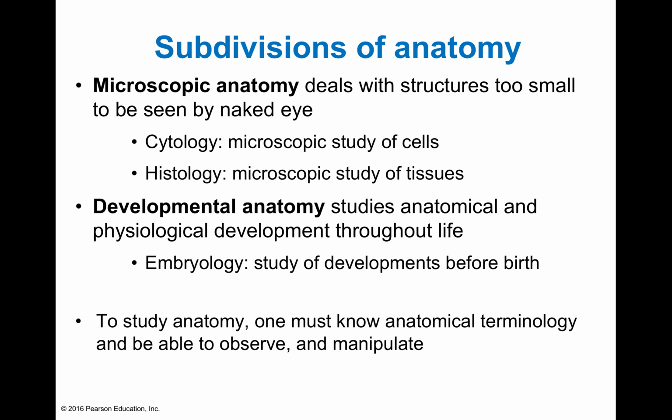Now, when we're looking at cells within microscopic anatomy, we refer to that science as cytology. Cyte implies cell, and the ology part basically means the study of. And histology, anytime you hear it, and we will discuss some in more detail when we do labs, is referring to the study of tissue.